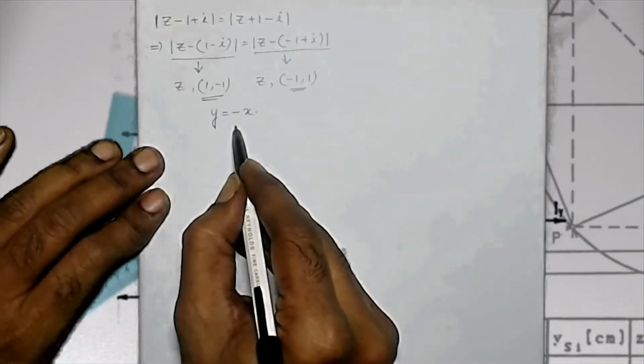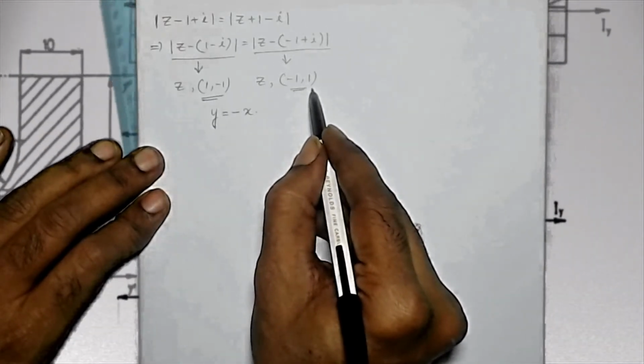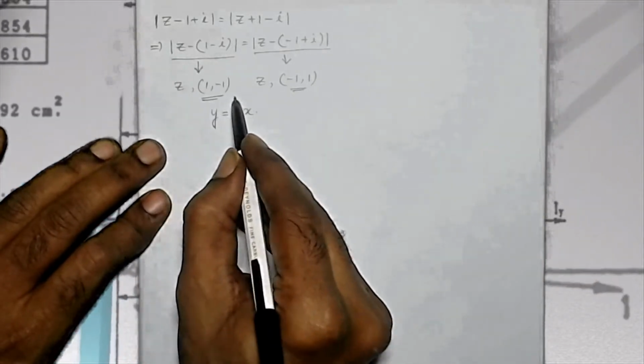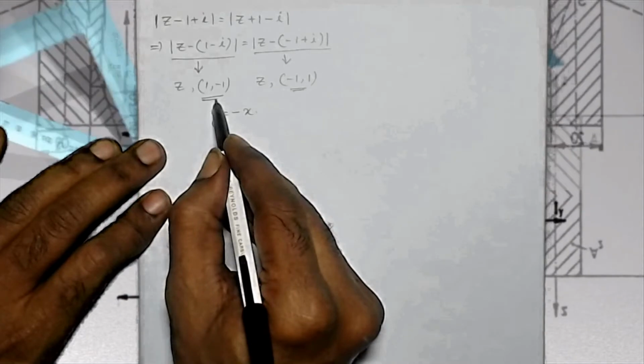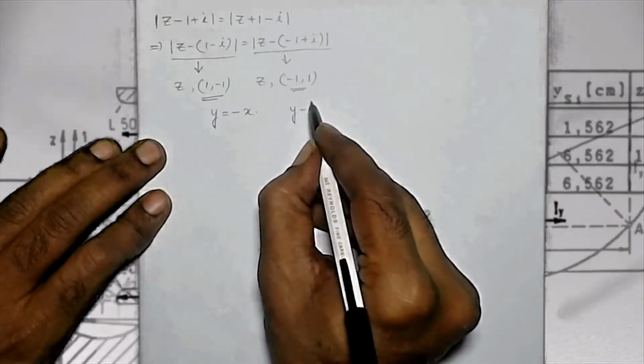Y equals to minus x is the line on which the point 1 comma minus 1 and minus 1 comma 1 lies. Or else, if you cannot do it by inspection, you can use the 2-point formula to find out the line which contains these 2 points.